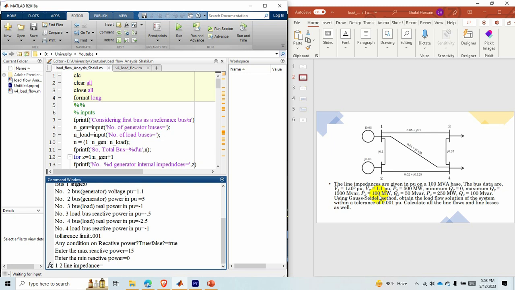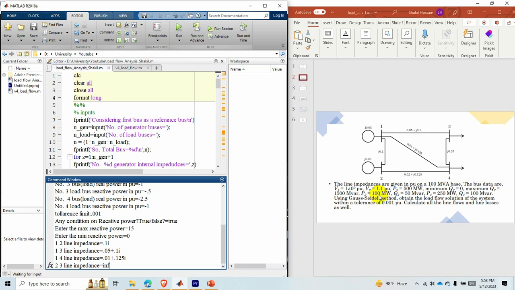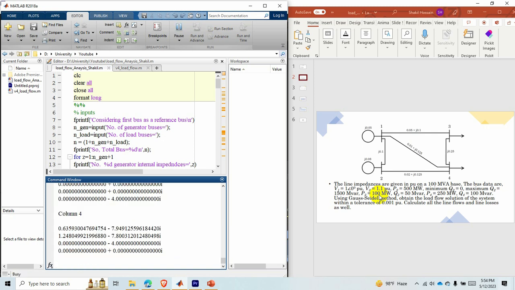Line impedance for 13 is 0.05 + 0.1i, then 14 is 0.01 + 0.125i, 23 is infinity, there is no connection. 24 is 0.02 + 0.125i. 34 is 0.25i. So our line impedance is given.